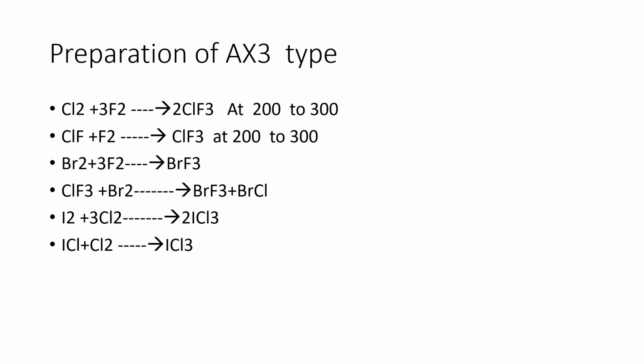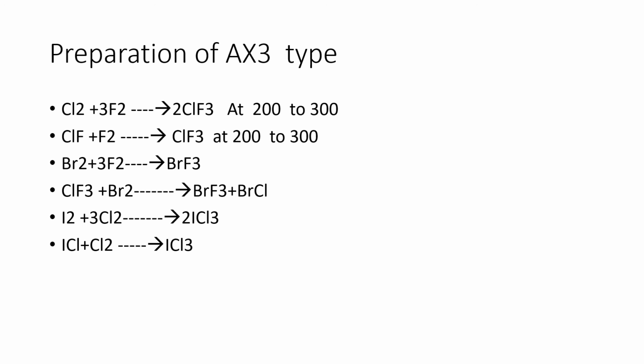When 1 mole of bromine is treated with 3 moles of fluorine, you get bromine trifluoride. ClF3 plus Br2 gives BrF3 plus BrCl.